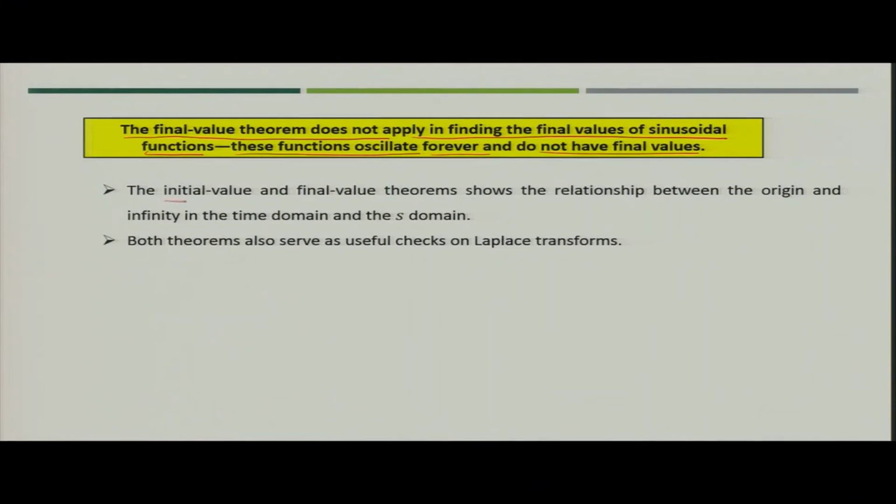Now, the initial value and final value theorems show the relationship between the origin and infinity in the time domain as well as in the S domain, and these two theorems also serve as a useful check on the Laplace transform.